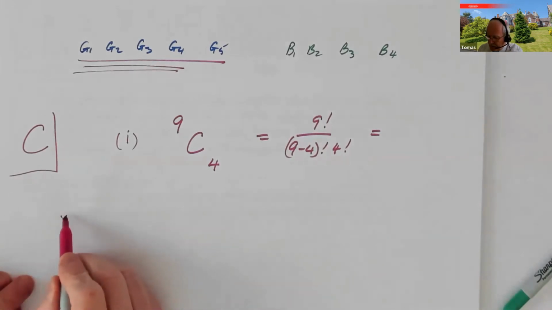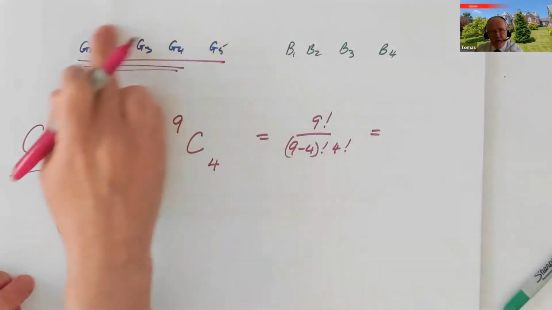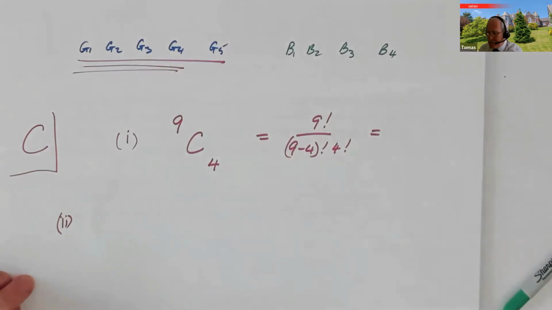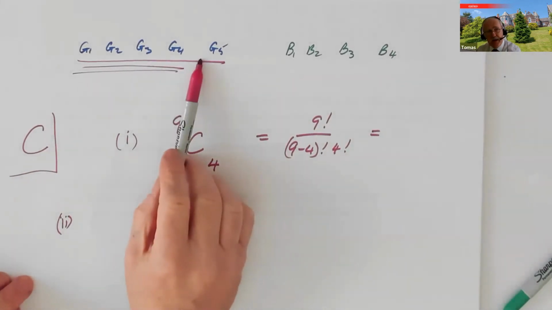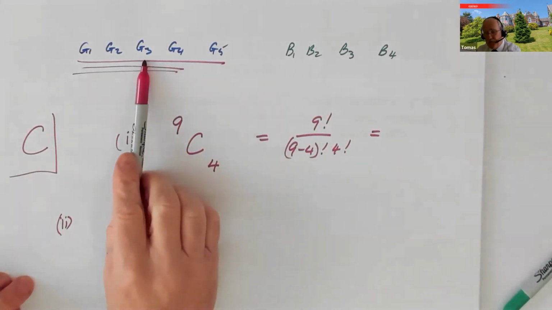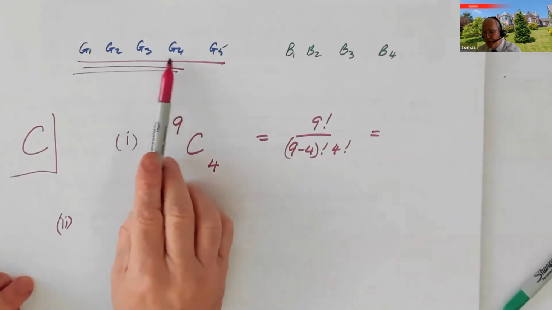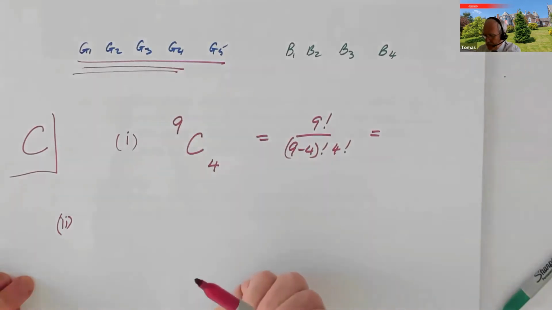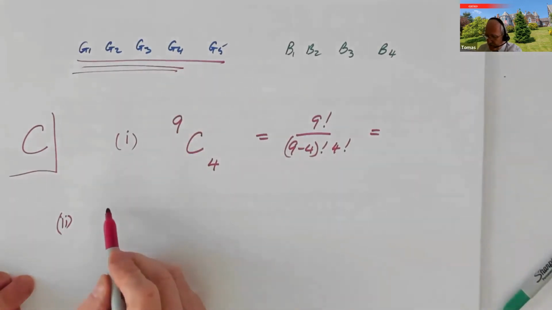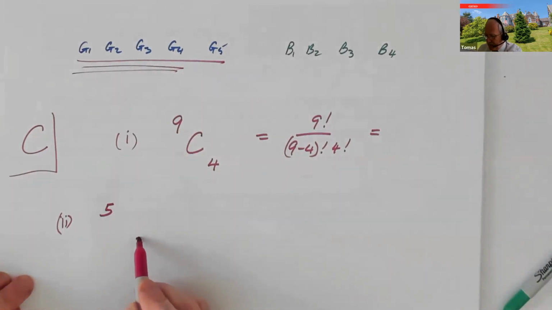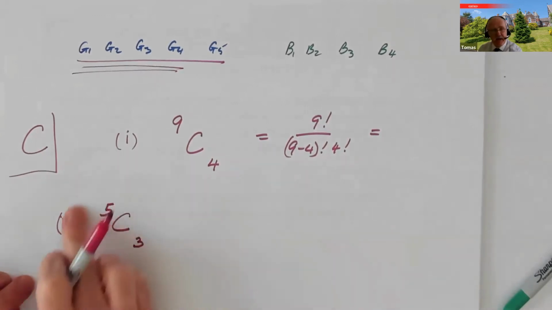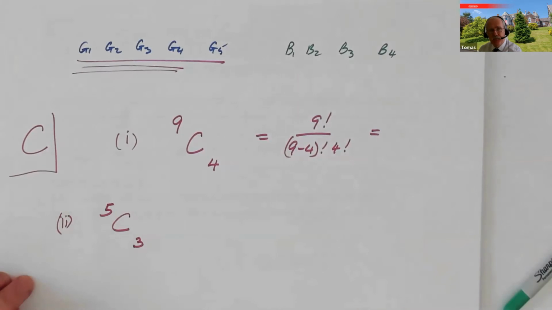Well, if I want 3 girls on the committee, I'd have to pick 3 out of 5. Doesn't matter which ones I pick. And it doesn't matter if girl 3 is chosen before girl 4 or vice versa. The order doesn't matter. So if there are 5 to choose from, and I need 3, and it's a combination, that's the number of ways I can get 3 girls on the committee.